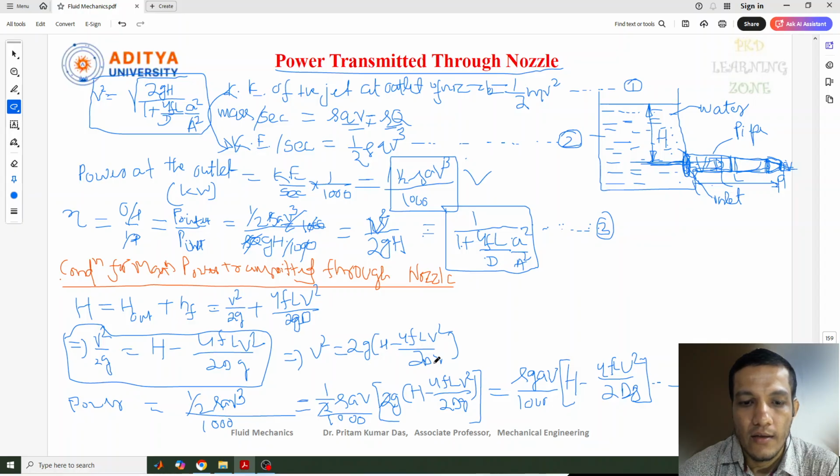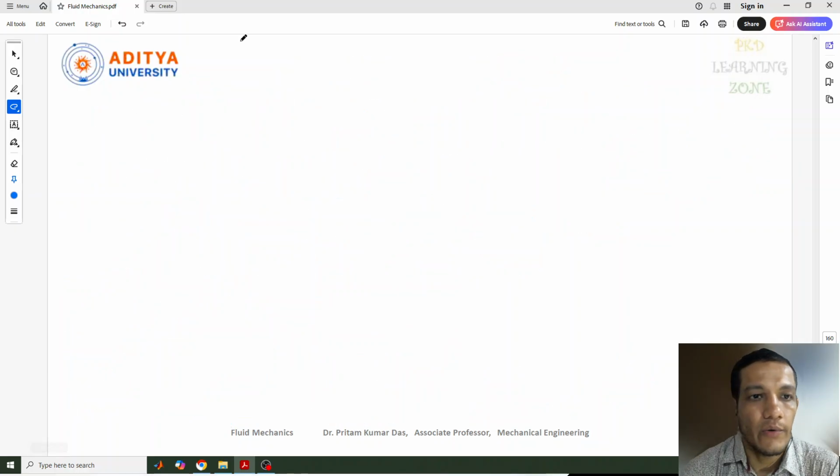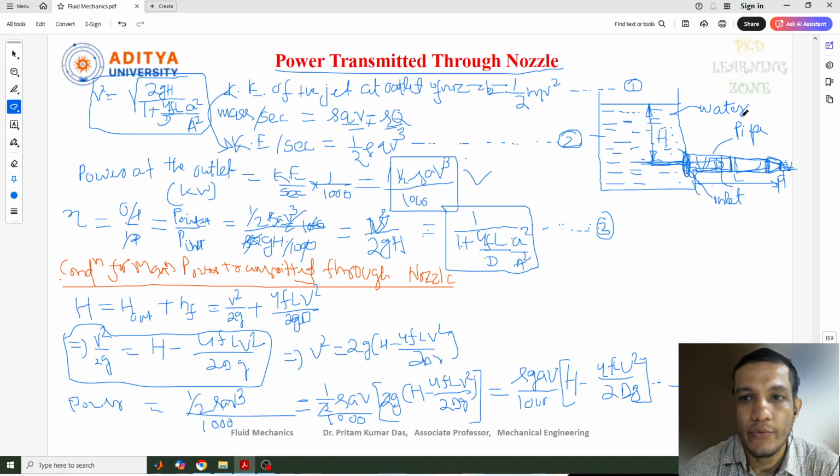Now one more thing, we need to take the help of the continuity equation to put the value of velocity. We know the continuity equation A1V1 equals A2V2. Here we consider the continuity equation between the pipe flow and the outlet of the nozzle.